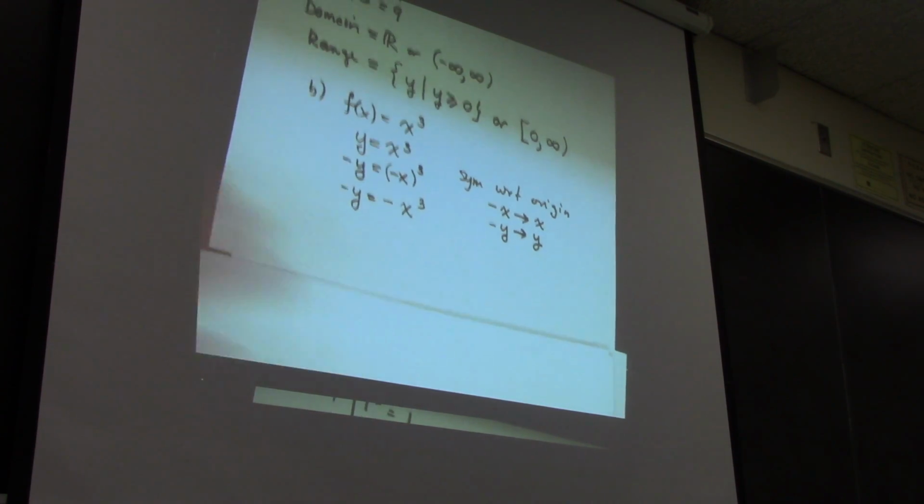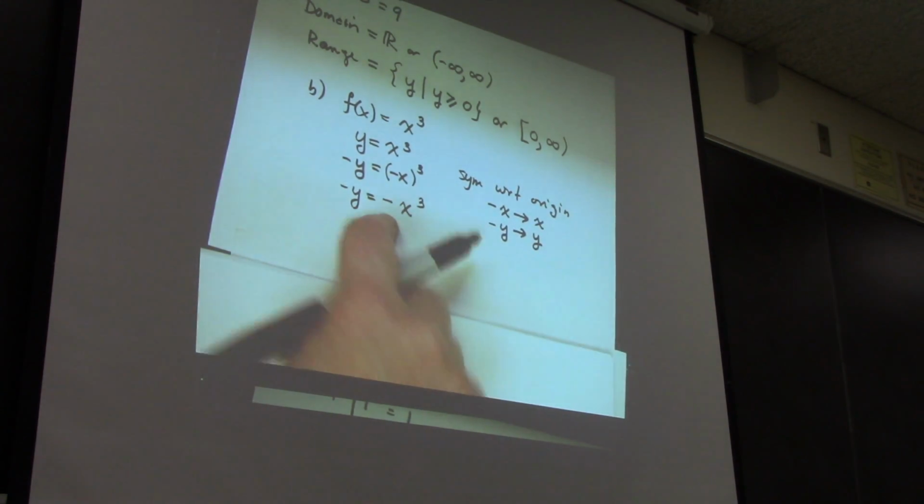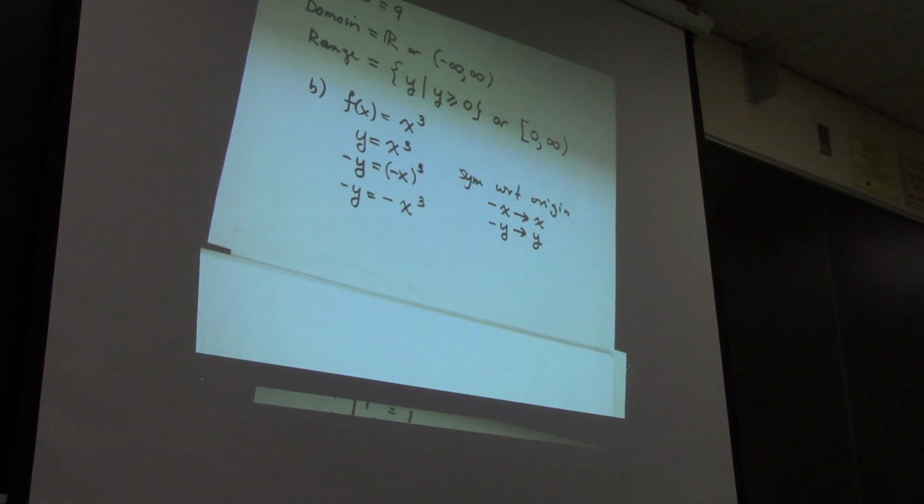Now, the question when you're testing for symmetry is, do you get the same equation after you do your substitutions? Is that the same equation as the original one? Well, can I do something with it that might make it the same?